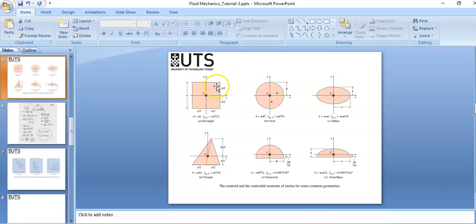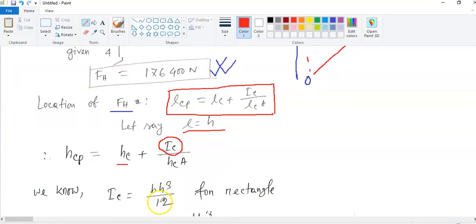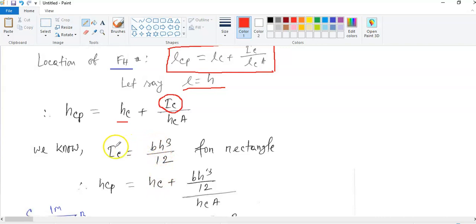When it is a rectangle, then you see IC equals a b cubed over 12. They just use different variables, that's the only difference. Area equals AB, and this is the inertia formula AB cubed over 12. Here we said it is b h cubed over 12. That's the same thing.